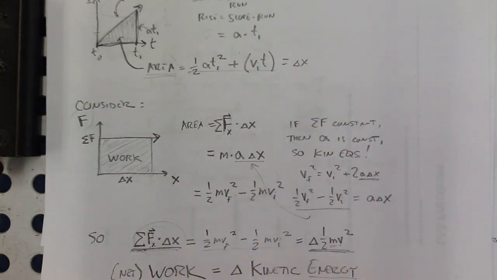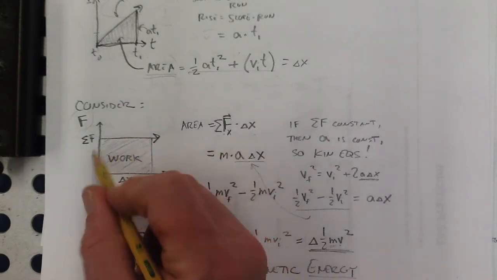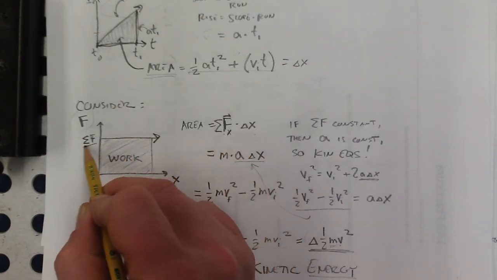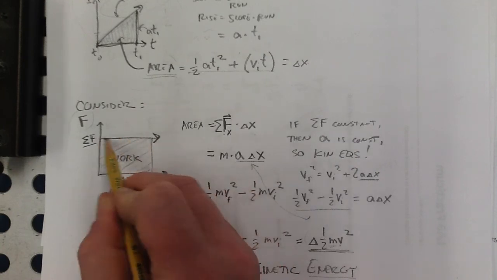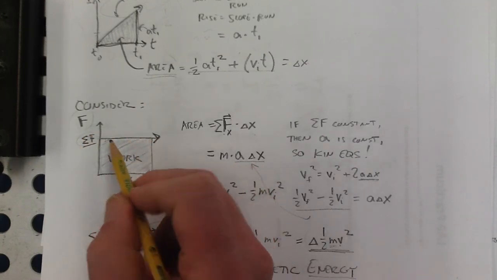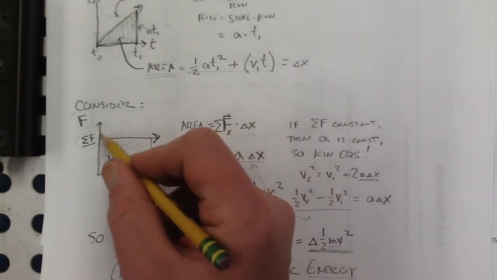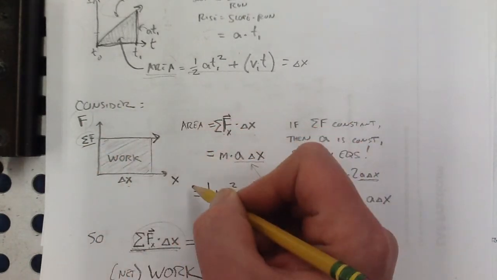And it turns out that work is this area underneath the force versus displacement graph, whether it's a horizontal line, in other words, constant force, or not. It doesn't matter. So if our force is some kind of variable force, it's still the area under that.